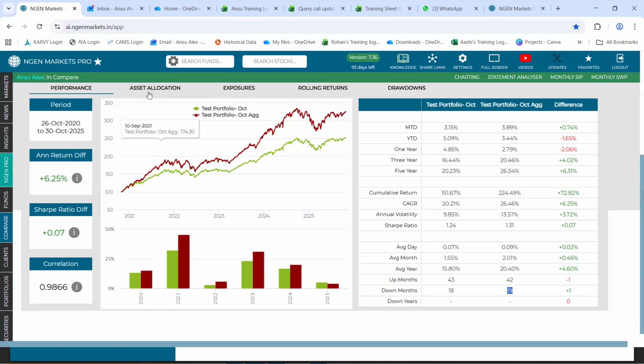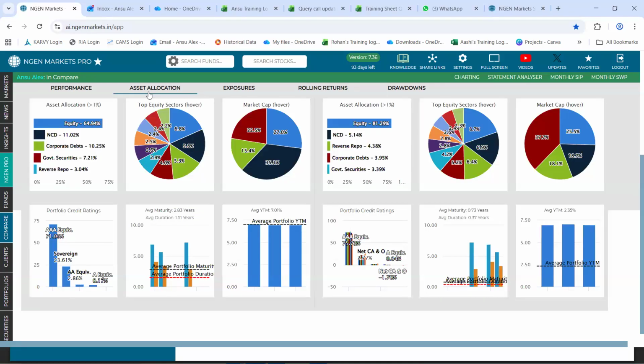Post that, we will be looking at the asset allocation differential of these two portfolios. Firstly, both the portfolios have an equity exposure. However, the aggressive portfolio has exposure to an extent of 81%, which in the original equal portfolio was 64%. The rest is allocated to debt securities specifically.